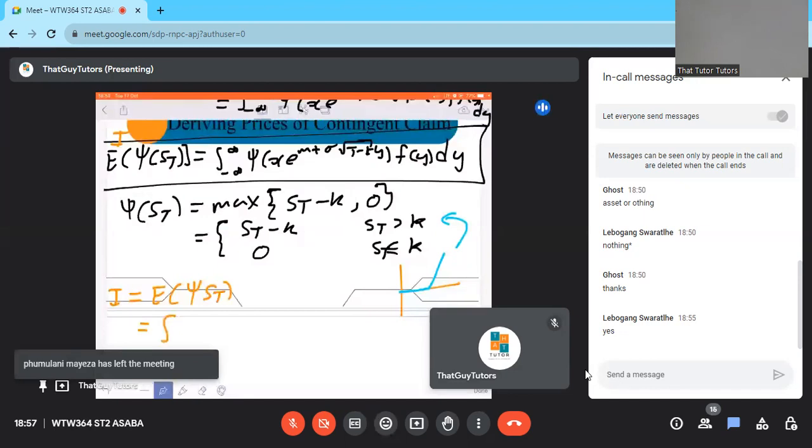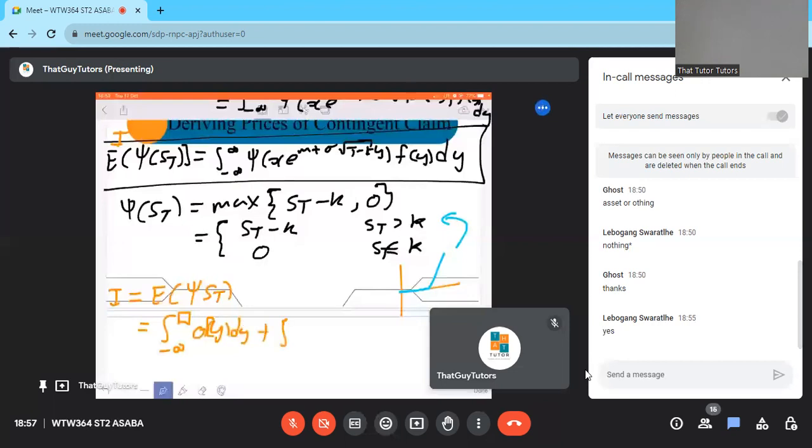And then you are going to have the other part where you integrate from some point you don't know all the way to infinity of S_T minus K, and then f of y dy.